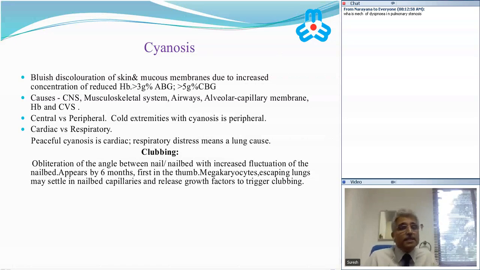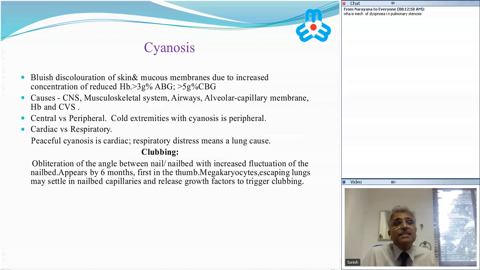The other way to look at cyanosis is to see whether it is central or peripheral. Central cyanosis is noticed in the central parts of the body, like the lip, the tongue. It is also seen in the periphery. But peripheral cyanosis is noticed only in the periphery. And the peripheries are cold when there is peripheral cyanosis.